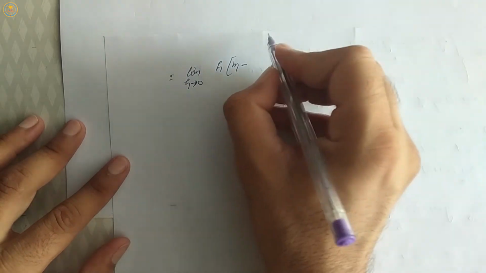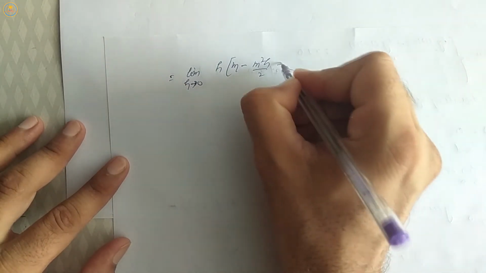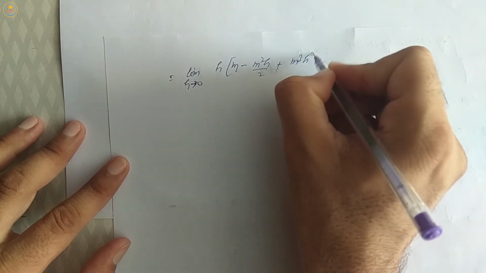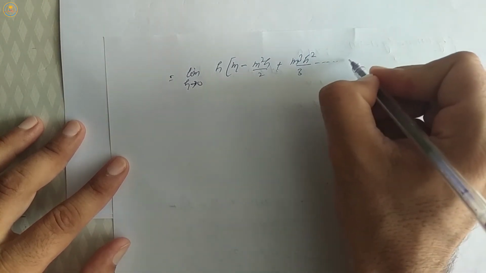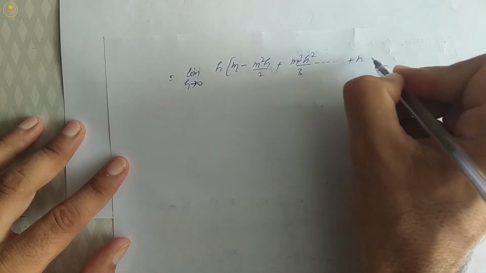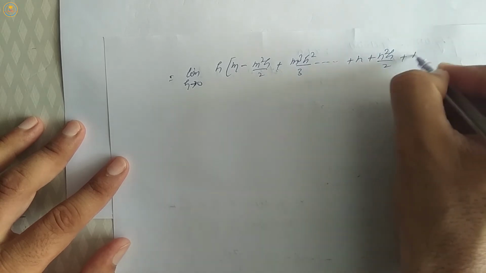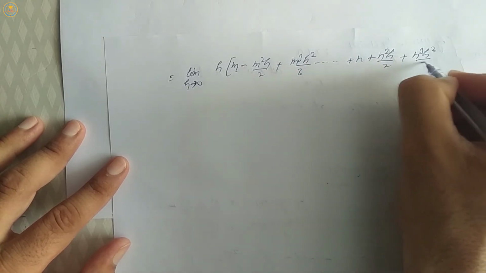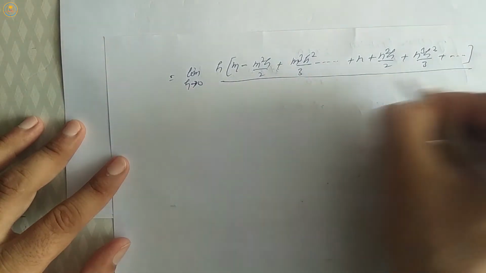m minus m square h by 2 plus m cube h square by 3 minus and so on plus n plus n square h by 2 plus n cube h square by 3 plus and so on, by h.